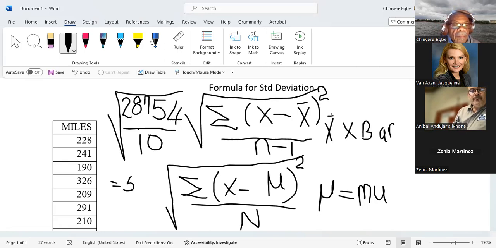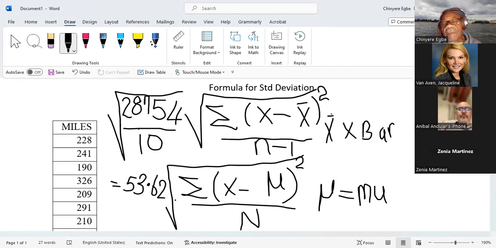Okay. 53.62. So that is the answer, 53.62. That is the standard deviation. It is not difficult to calculate.